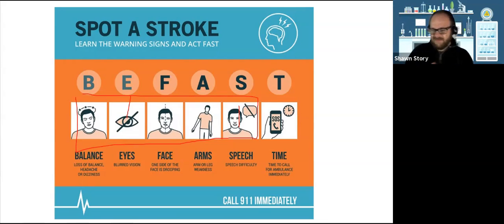Does that make sense? Yes. Yep. And so depending on what we see, we can tell what part of the brain is being affected, most likely. But it's often really difficult because the brain does a lot of different things, and we'll look at that next. So that's a stroke.